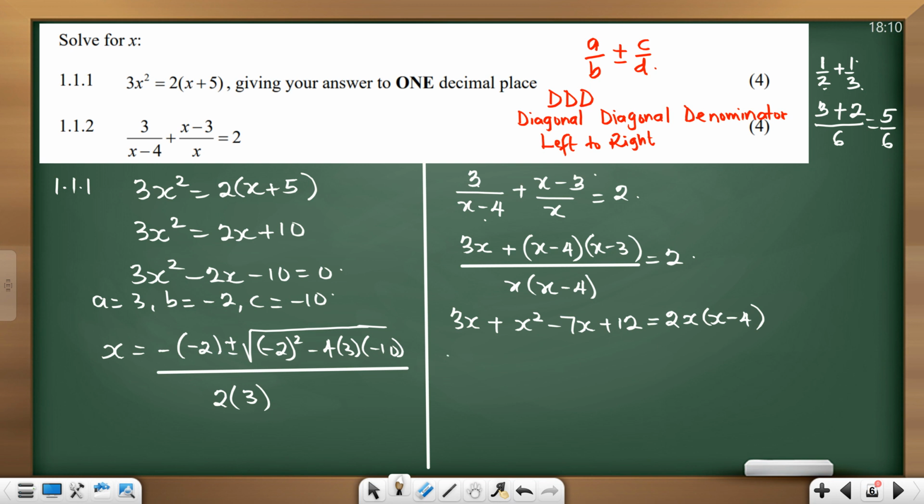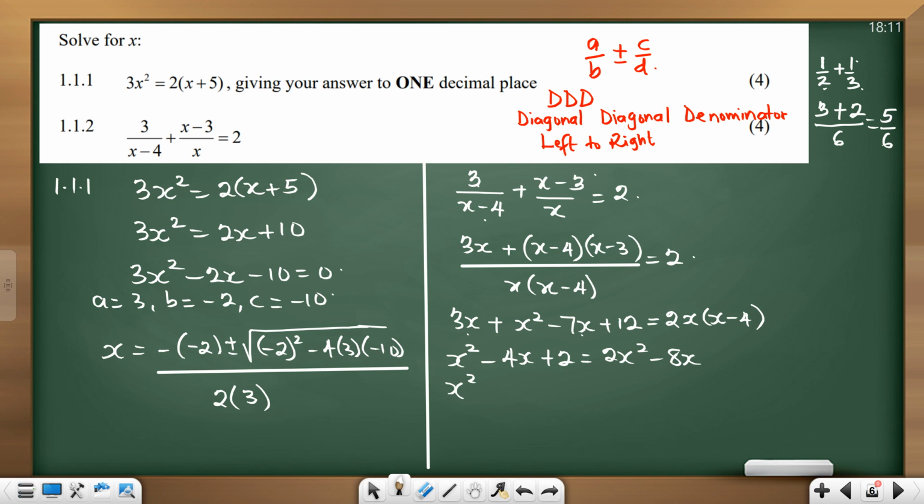We can then simplify. x squared. What is 3 minus 7? Minus 4x plus 12. Okay, let me do this. I wanted to skip that step, but let's go slowly. 2x squared minus 8x. Now, bring everything from the left to the right. x squared.